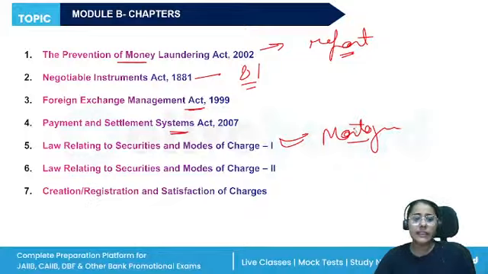And then in this unit, unit 13, appropriation, assignment, pledge, hypothecation. And in unit 14, we are going to study what is a charge, how a charge is registered with ROC, effect of registration, non-registration, and so on. So these are the acts covered in your module B.